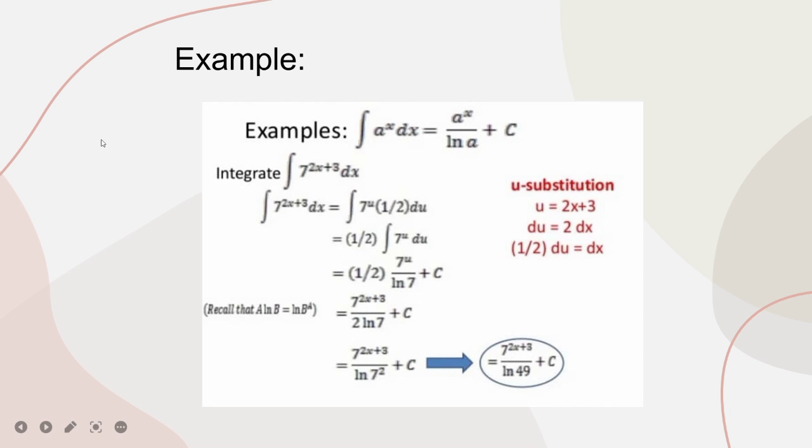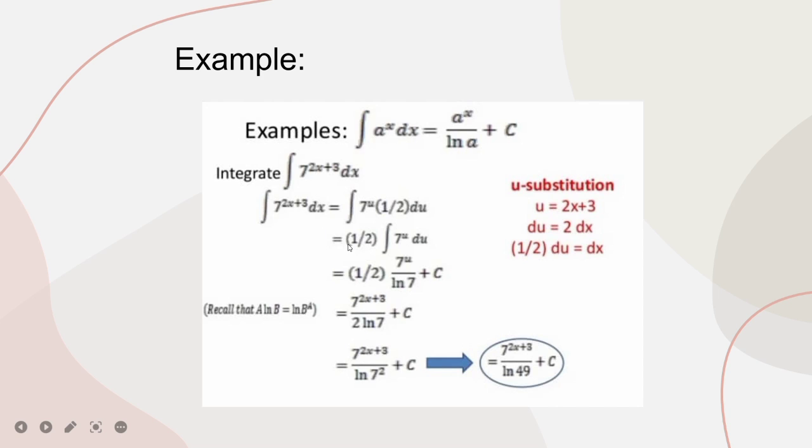So, the integral of 7 raised to 2x plus 3 dx. The integral, we bring down. 7 raised to 2x plus 3 dx is equal to the integral of 7 raised to u, since 2x plus 3 is u, and dx based on our substitution is equal to 1 over 2 du.